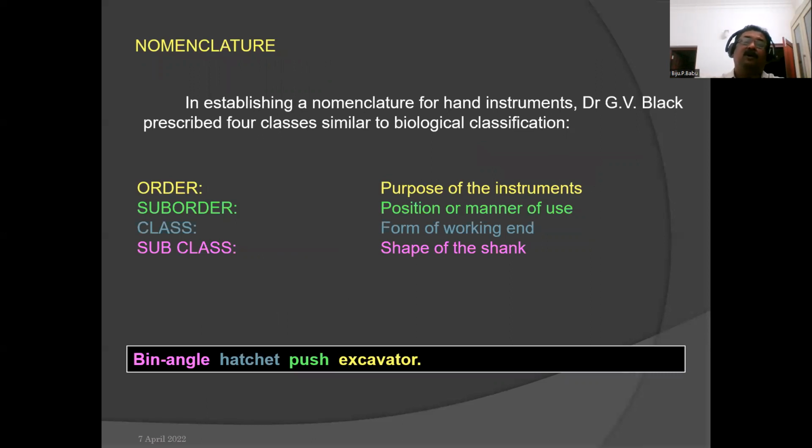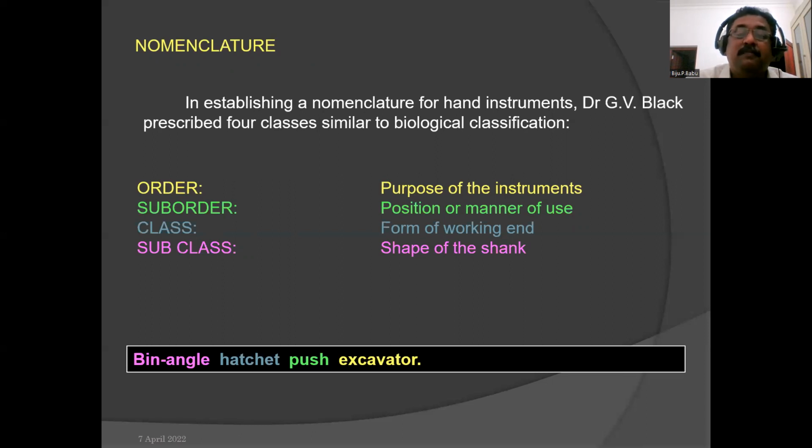Now, coming to nomenclature. In establishing a nomenclature for hand instruments, it was Dr. G.V. Black who prescribed four classes similar to the biological classification. He divided the instruments into four groups: the order of the instrument, the suborder, the class of the instrument, and the subclass.